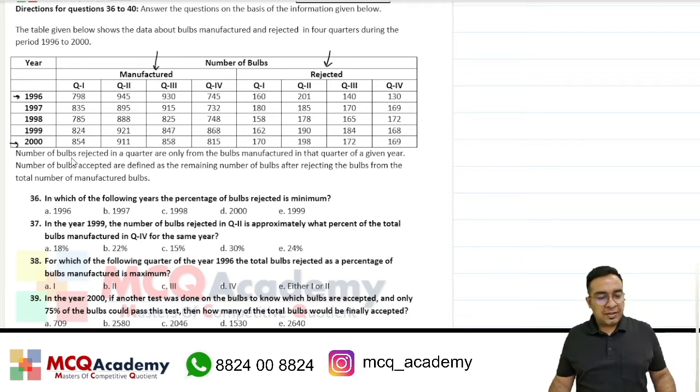इसके अलावा आपको यहाँ पे एडिशनल इंफॉर्मेशन गिवन है क्या कि नंबर ऑफ बल्ब्स रिजेक्टेड इन अ क्वार्टर आर ओनली फ्रॉम द बल्ब्स मैन्युफैक्चर्ड इन दैट क्वार्टर ऑफ अ गिवन ईयर.